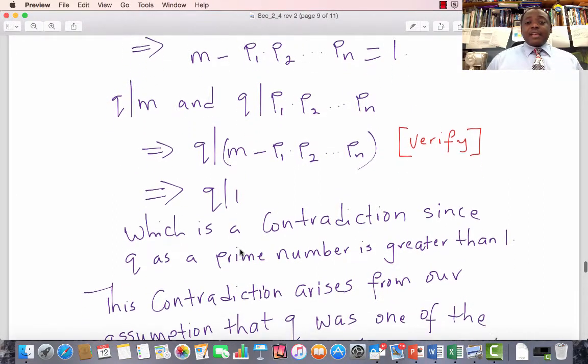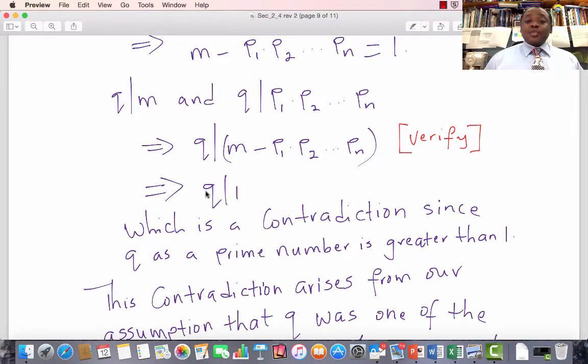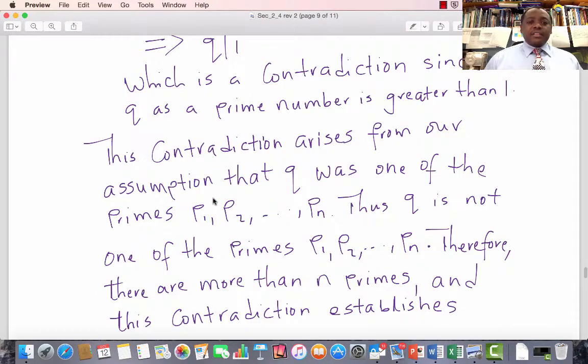But this is a contradiction because q is a prime number, and by the definition of a prime number, q is bigger than 1. q cannot be bigger than 1 and divide 1 at the same time. This contradiction arises from our assumption that q was one of the primes P1 right up to Pn.